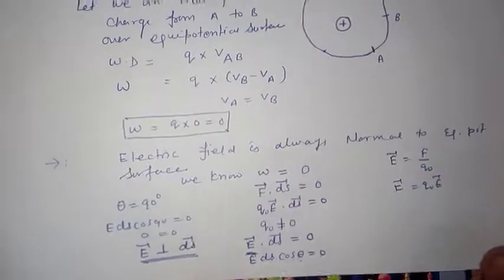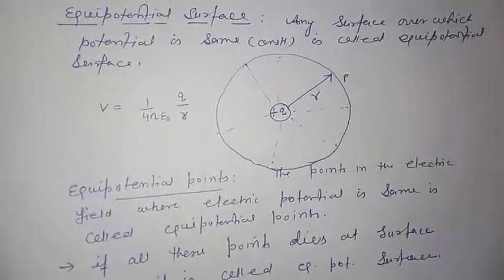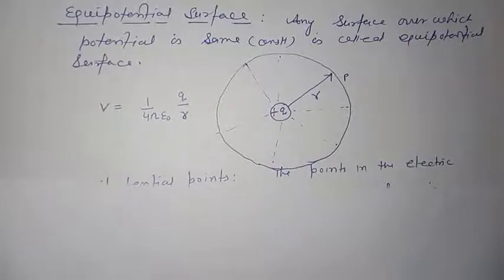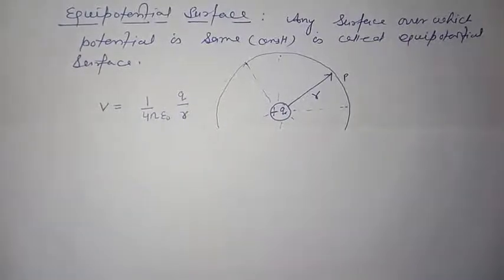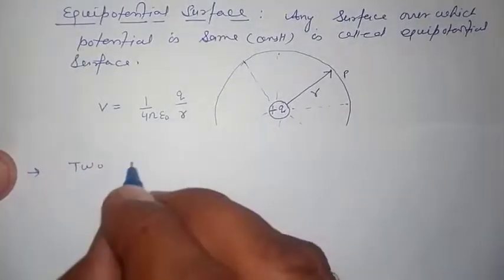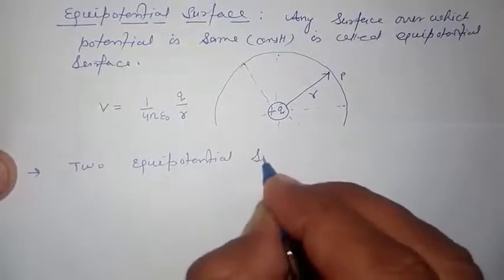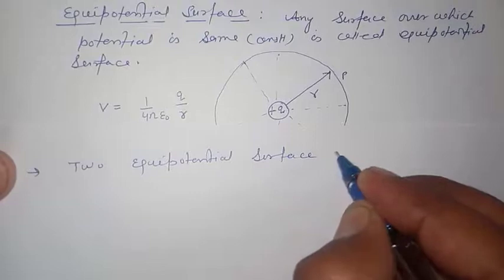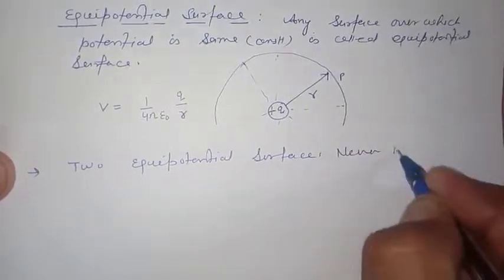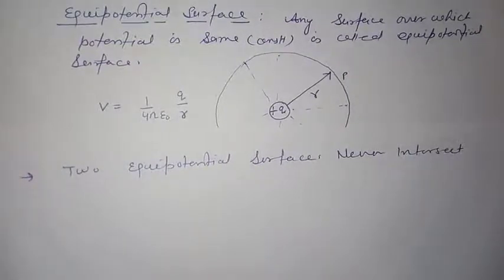And the last property: two equipotential surfaces never intersect. But how?